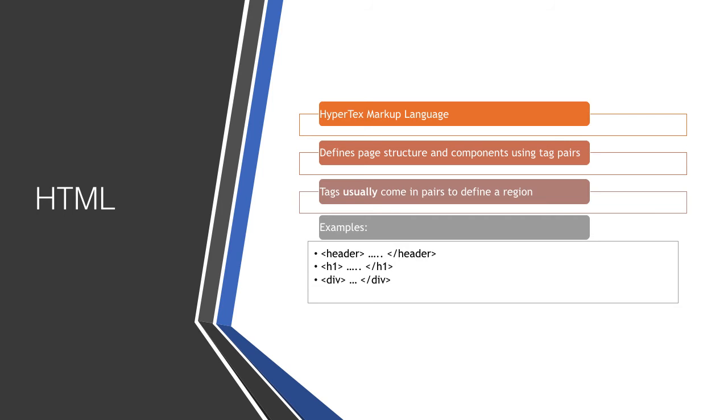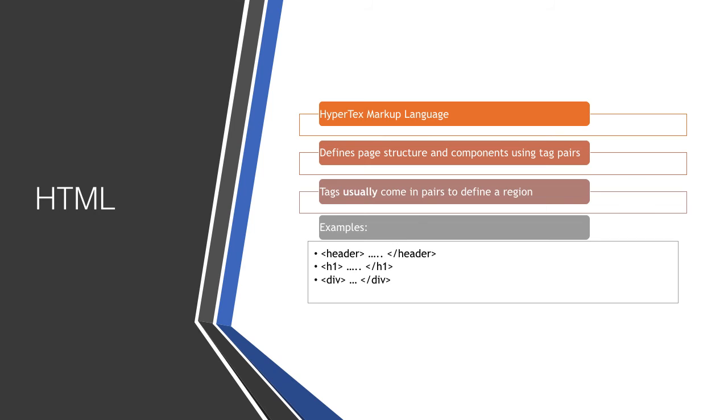It basically breaks that infinite page, if you want to think of it that way, into regions that are defined by tags, and then you can address them, and you can tell the page what you want to do with them. Or if you're using JavaScript, you can do even more complicated things using those pairs. And some examples that I have here, these are all paired tags.